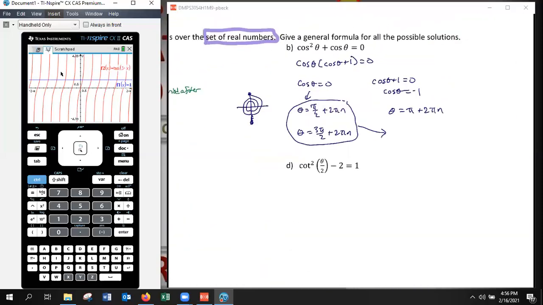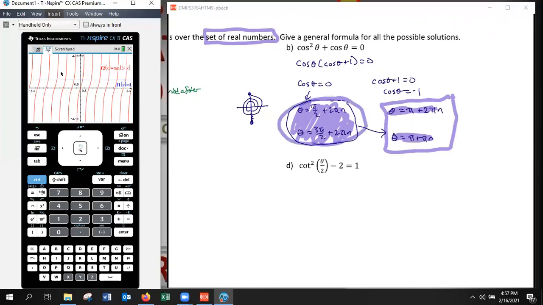We can turn both of those expressions into a simpler expression by saying theta equals pi over 2 plus pi n. So I will accept all of these as potential solutions along with this, but this one tends to be a stronger form because this one equation will take the place of both of these two equations.